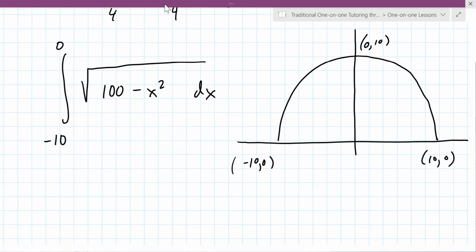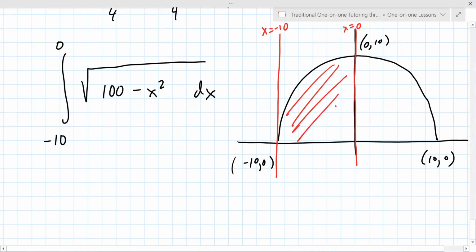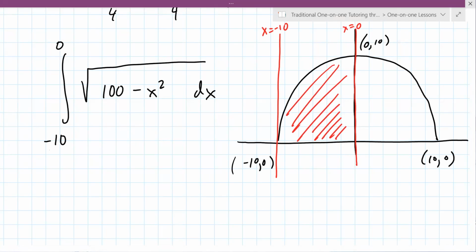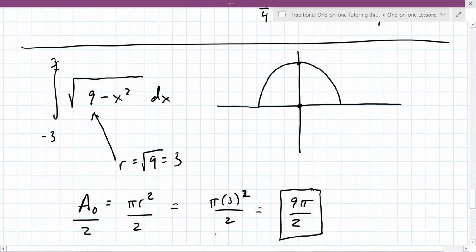So we did this in the triangles and the absolute values. Let's do it again here. So there's minus 10 and there's 0. Okay, we want this region over here, so it's a quarter circle. For the ones that were half, can you scroll up? What did those ones look like again? They usually have the same bounds on the top and the bottom. Okay.